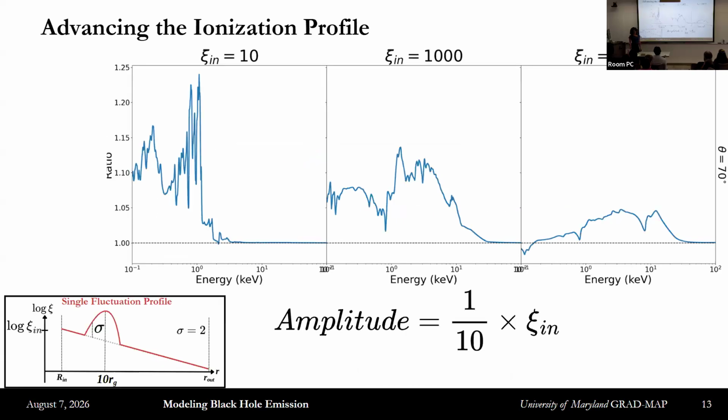Here are ratio plots that I have created to compare our ionization profile with a smooth ionization slope. The amplitude is 1/10 of the starting Z value, and the spread of the fluctuation is 2 standard deviations, and it is centered at a radius of 10 RG. We are still working on the interpretation of these results.